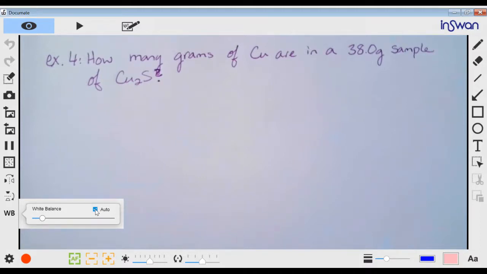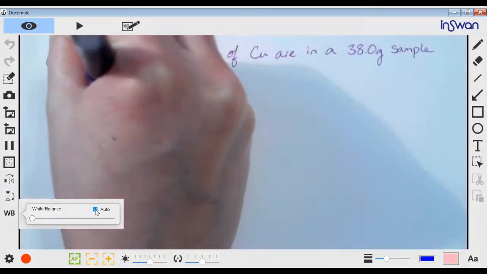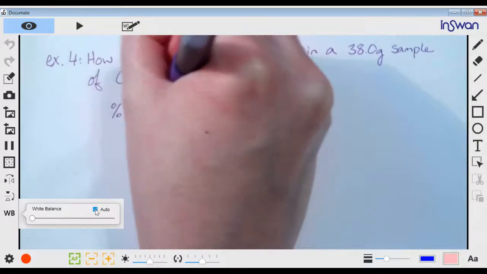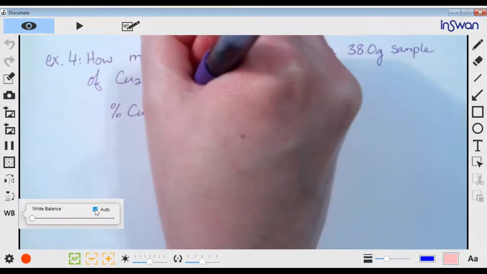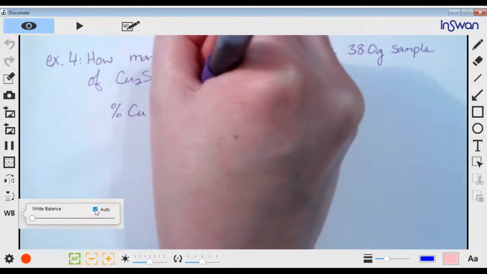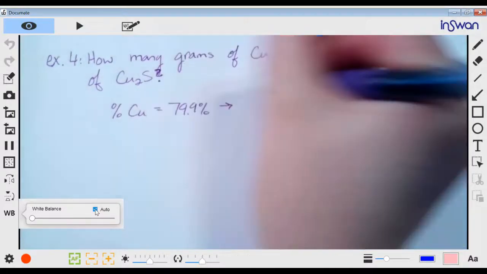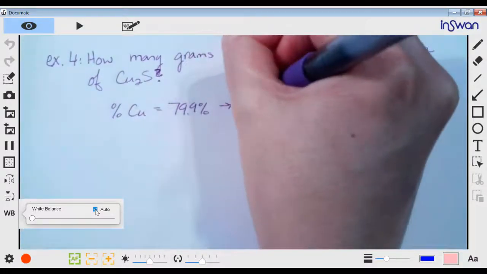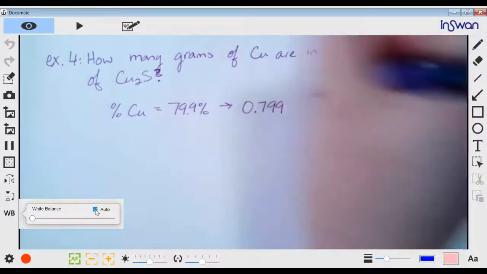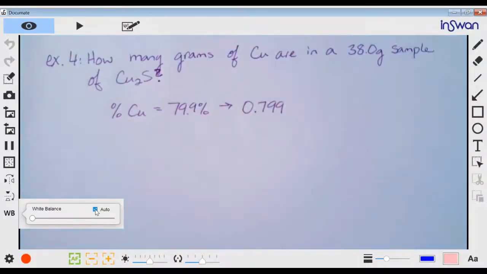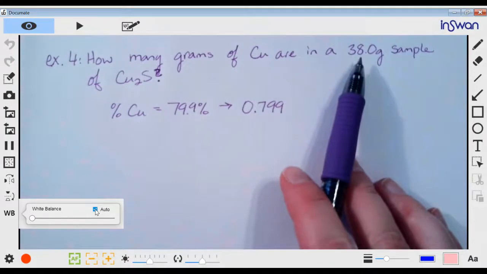Well, this one is a little tricky unless you already know the percent composition of copper in Cu2S, which we just happen to know from before, that the percent copper is equal to 79.9%. So I'm going to actually change that back into the decimal form. So it's going to be 0.799. And then all I have to do is I'm going to take the total mass times that percentage, and that will give me the mass of the copper.